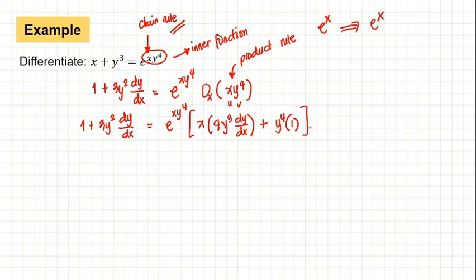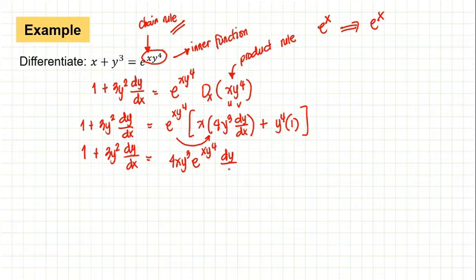So from that, we will now have 1 plus 3y squared dy over dx equal to, we will distribute this one. So we will have 4xy cubed times this. So we have 4xy cubed e raised to xy to the power of 4 dy over dx.